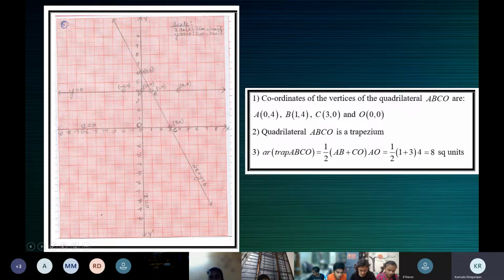So it needs a lot of patience to do graph work. You should see to it that the graph always comes correctly in the first shot. If it's algebraic or arithmetic, you can strike it out and start working again very fast. With a graph, you cannot do that. You spend so much time making the table and plotting, and finally you're not getting the lines correctly. It's so difficult to go back and check where you've gone wrong and make the graph again.